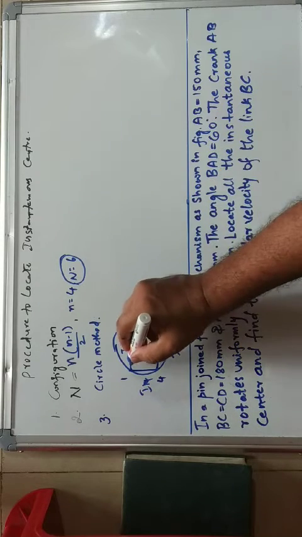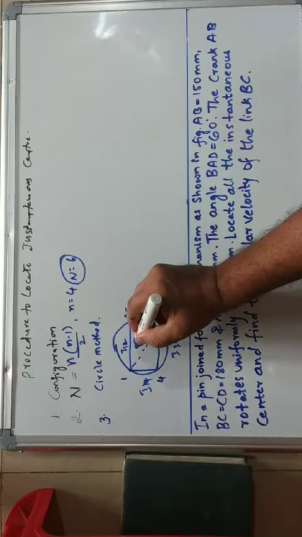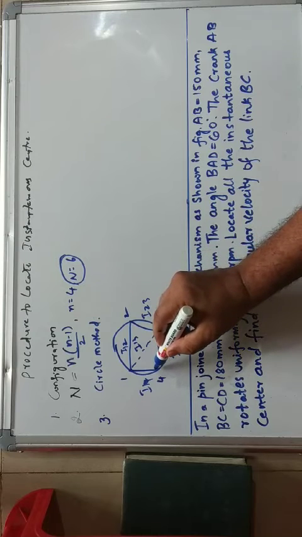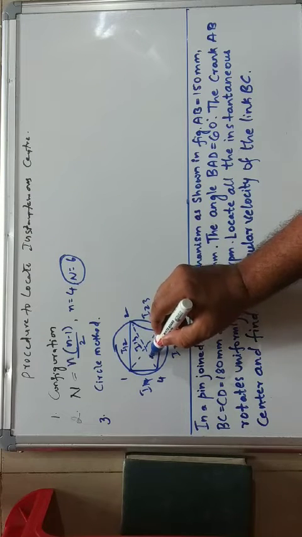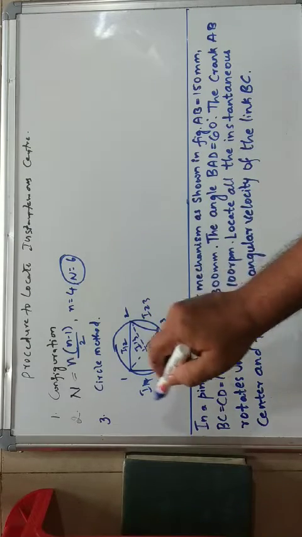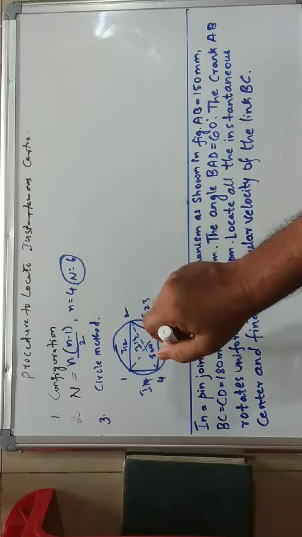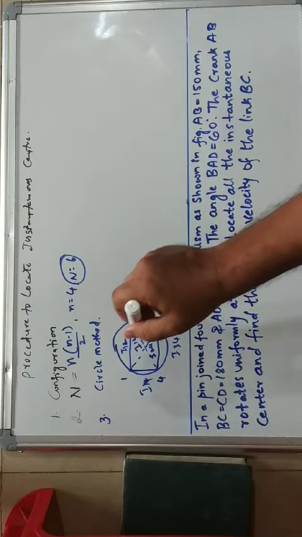For the remaining ones, if you join this diagonal, this will be I13, and similarly, if you join the other diagonal, this is I24. Like this, in total we have 6 instantaneous centers: I12, I23, I34 and I14, and next, joining this diagonal, it will be I13.